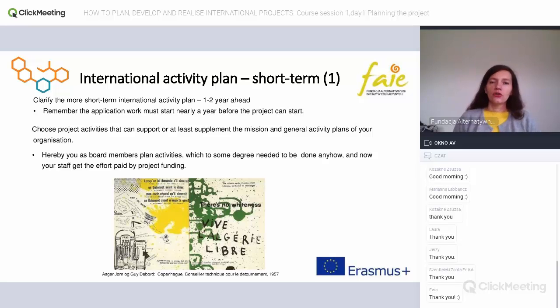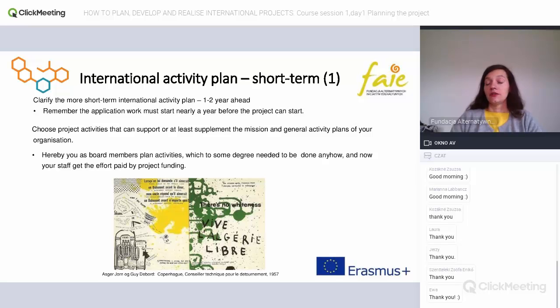Speaking about the short-term strategy, which could include your international activity plan, this for 1 or 2 years, it's also worth to remember that the application work, like planning and designing the project, takes time. It could be even a year, because you have a call for proposals with a deadline when you submit your proposal.